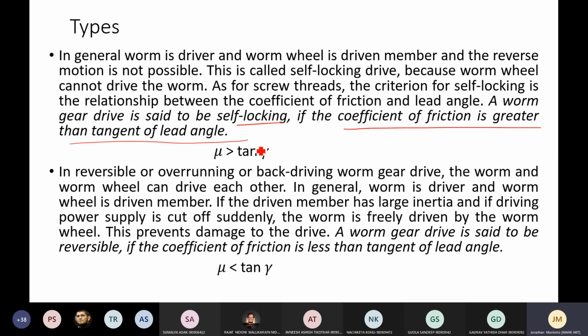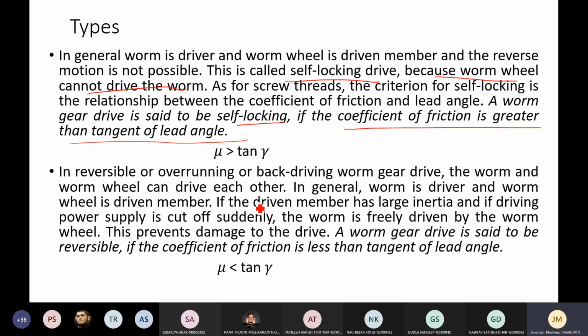So the worm will have to drive the worm wheel; the worm wheel cannot drive the worm, and such a combination is called a self-locking drive. A self-locking drive is absolutely important in critical applications. We would not like it to fail or come back or come down.